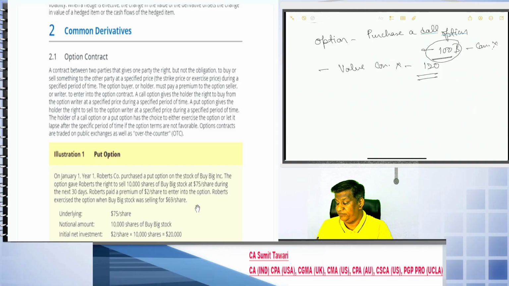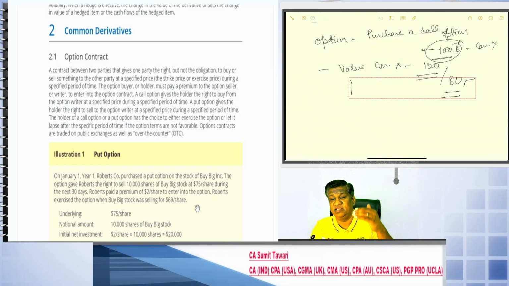And if it goes to 80, you may allow it to expire, you are not going to exercise your option, and in the market you are able to get the same quantity at 80. So either you can gain from the market or you can restrict your loss. That is basically the option.